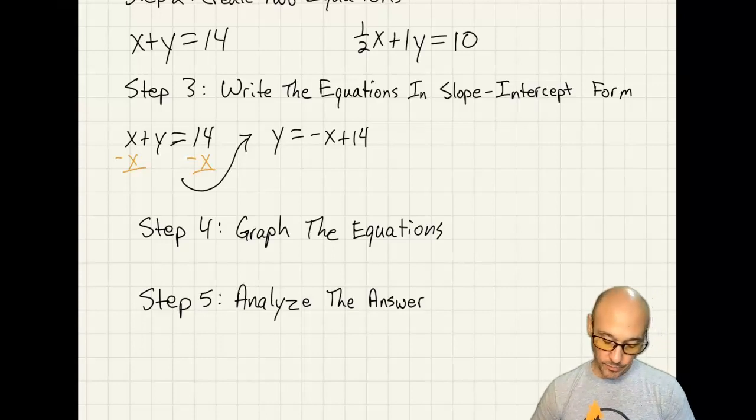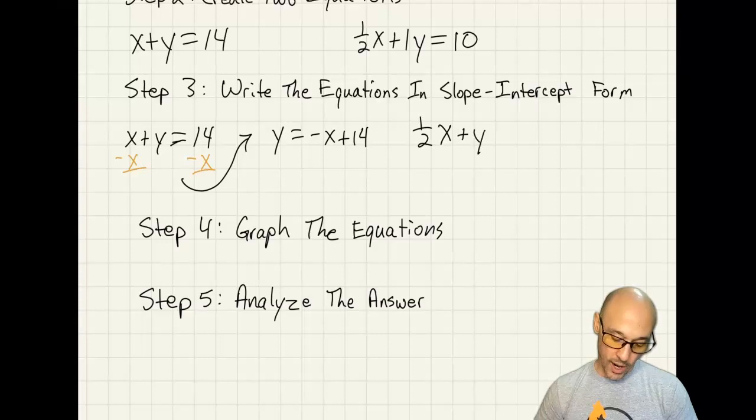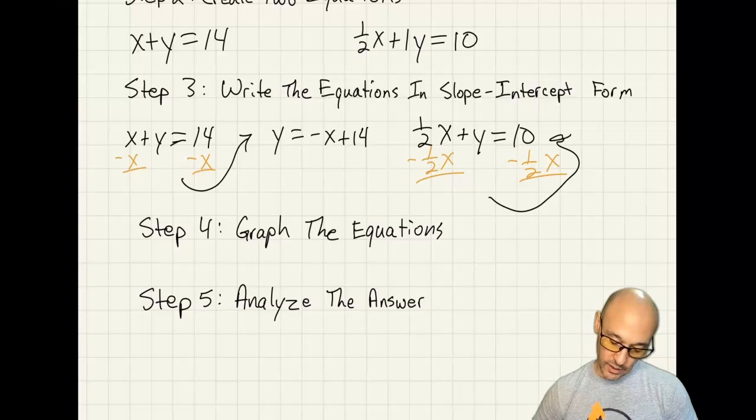The other equation, we have 1/2 X plus Y is equal to 10. And if we subtract 1/2 X here from both sides, we will get the result which we need, which is, let's actually just write it here. Y is equal to negative 1/2 X plus 10.